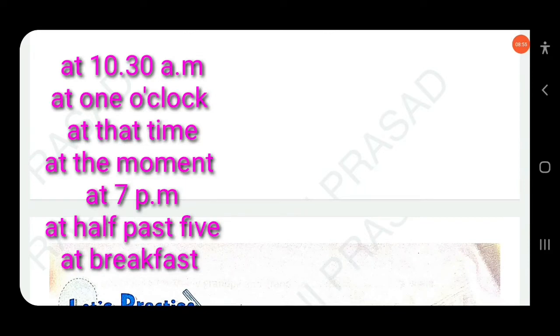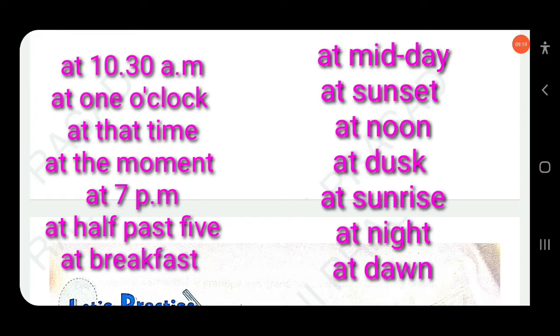We use "at" to indicate a time. At 10:30 a.m., at 1 o'clock, at that time, at the moment, at 7 p.m., at half past 5, at breakfast, at midday, at sunset, at noon, at dusk, at sunrise, at night, at dawn. Clear?